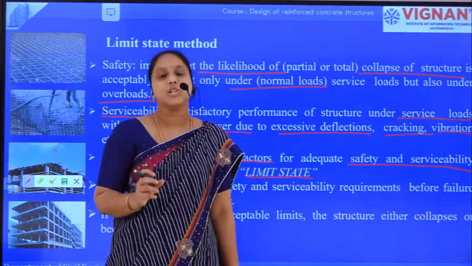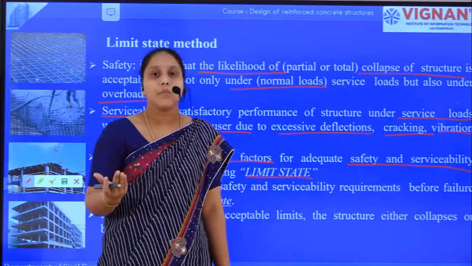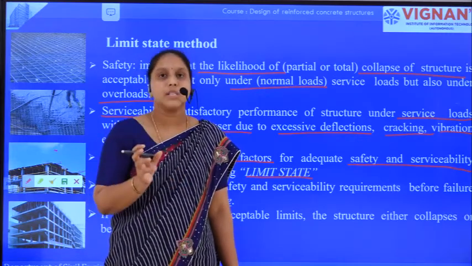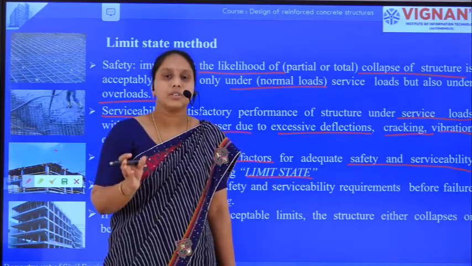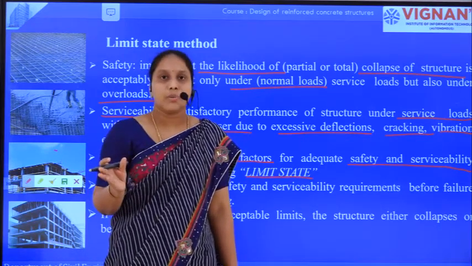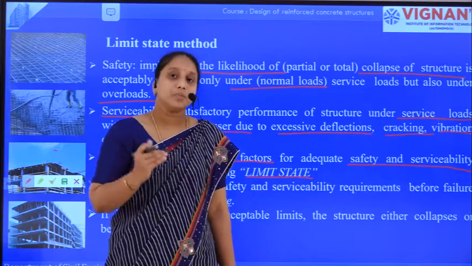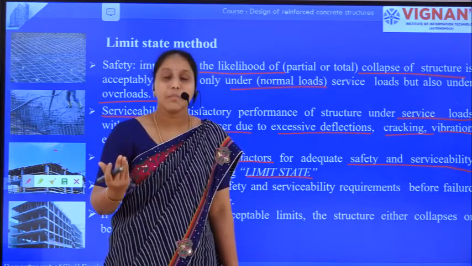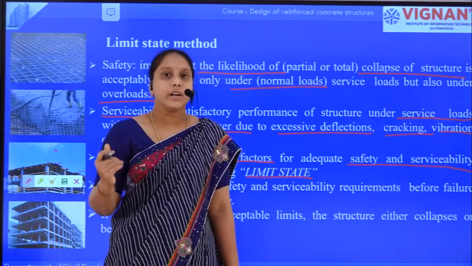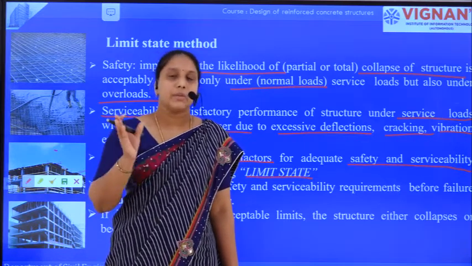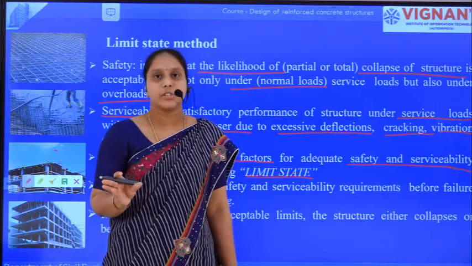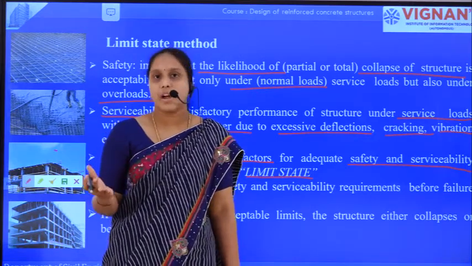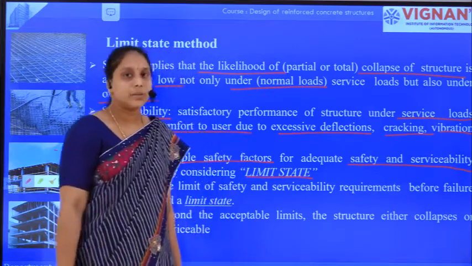If you see the working stress method, only one safety factor is considered: for concrete it is 3 and for steel 1.78. But here, for different combinations of loads, different materials, and different conditions like the limit state of collapse and the limit state of serviceability, different partial safety factors are considered in the limit state of design.